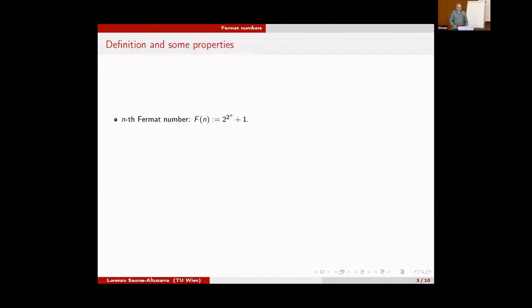Okay, so recall that a Fermat number is a number of the form 2 to the 2 to the n plus 1, where n is a natural number. One property that they have is that they are pairwise coprime. That is to say, they do not share any prime factor.